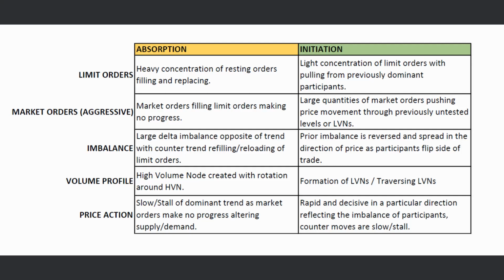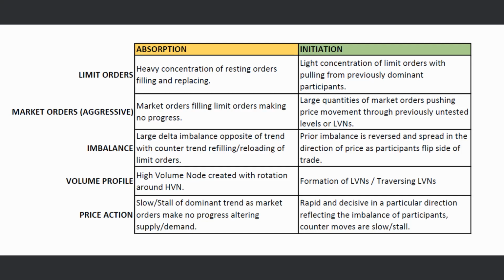Whereas the aggressive market orders coming in, instead of being those limit orders as previously, are now going to be the ones hitting the book, and the resting orders from the prior leg are going to be lifting. That's initiation. Aggressive market orders would be large quantities of market orders pushing price movement through previously untested levels or LVNs where it was accelerating before. The prior imbalance is reversed.